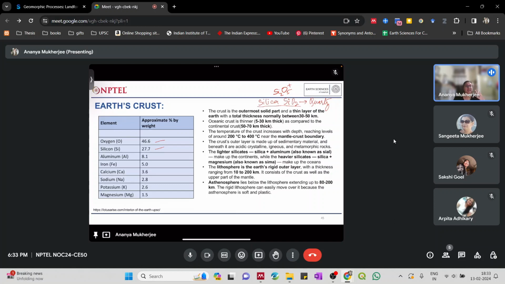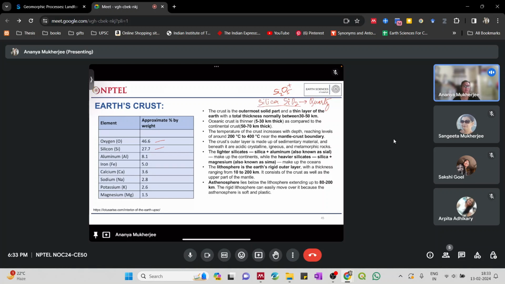So Earth's crust in itself is the solid part, but it is very thin, and the total thickness of the entire Earth's crust can range from 30 to 50. Now this Earth's crust is a combination of oceanic and continental. When you compare oceanic crust with the continental crust, you see that the oceanic crust is thinner.